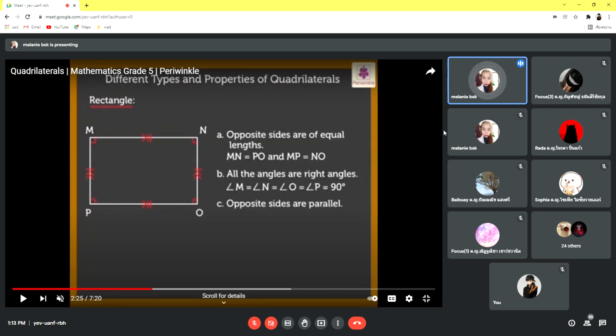The other children, we're just going to have this one too, the square and the rectangle only. Who cannot understand, children? Only two, the rectangle and the square.